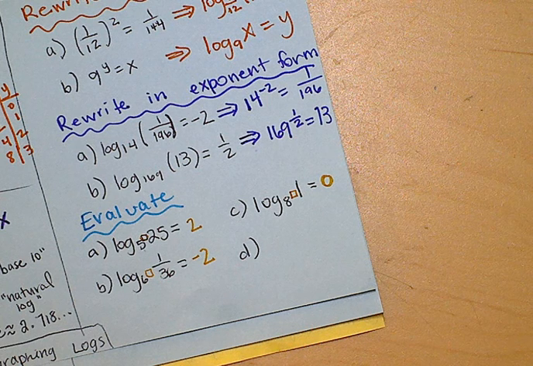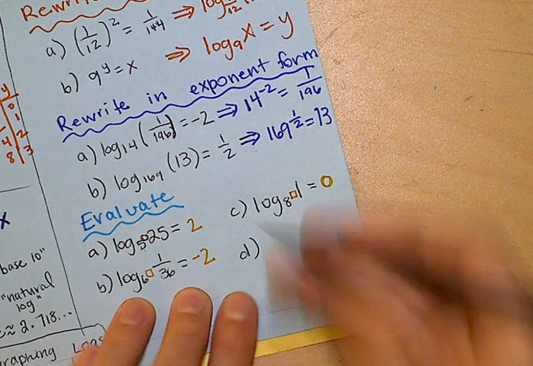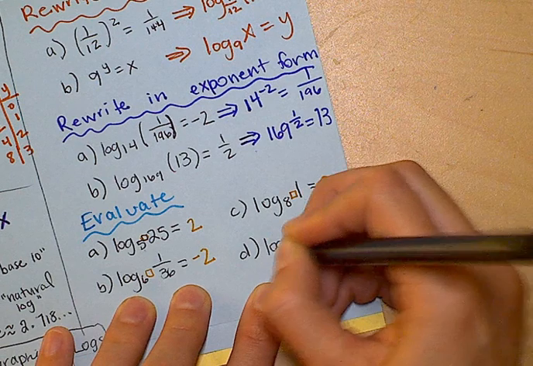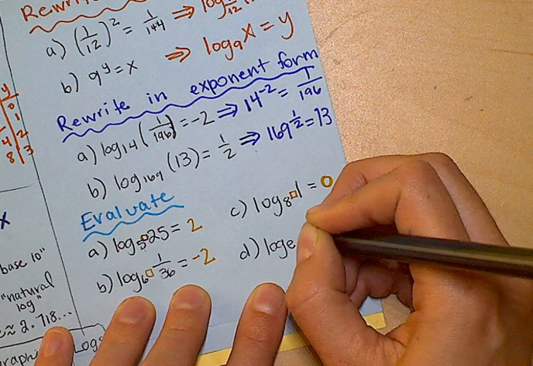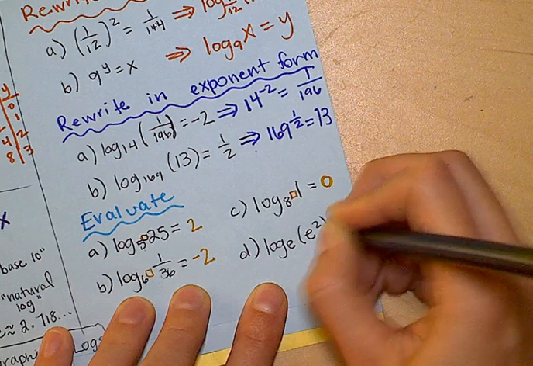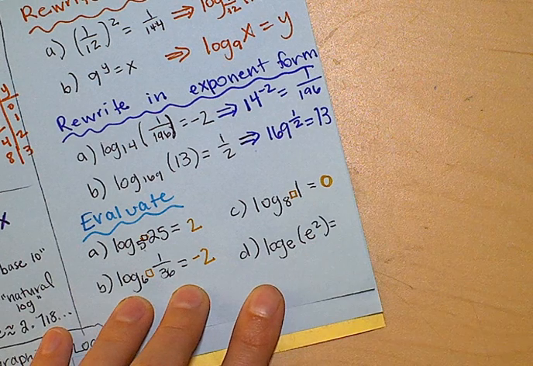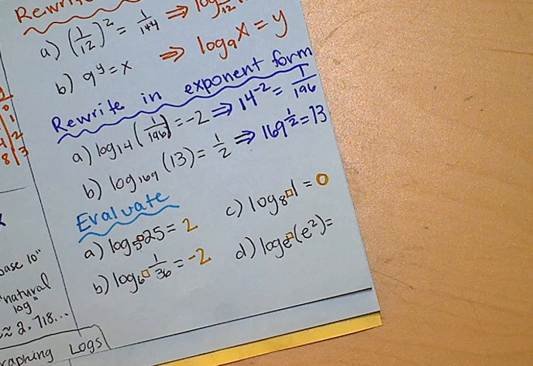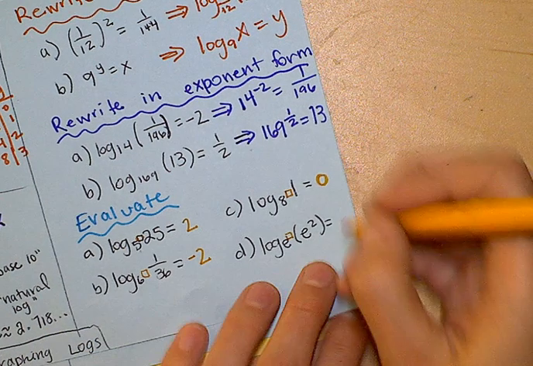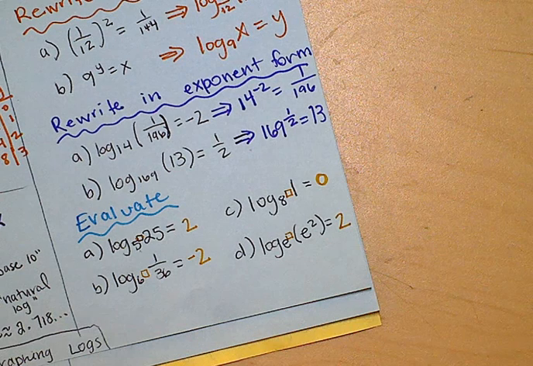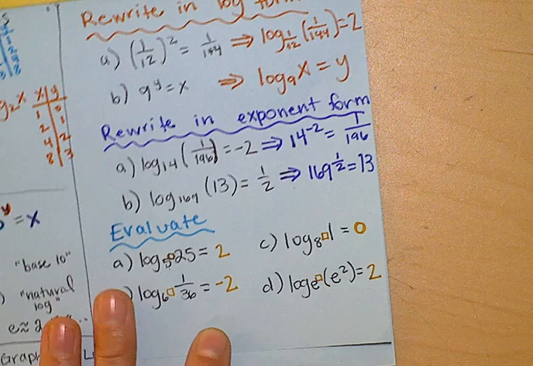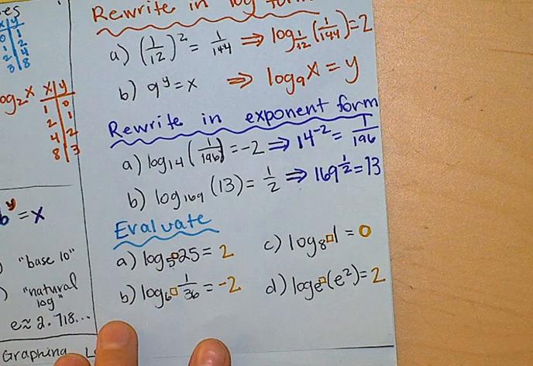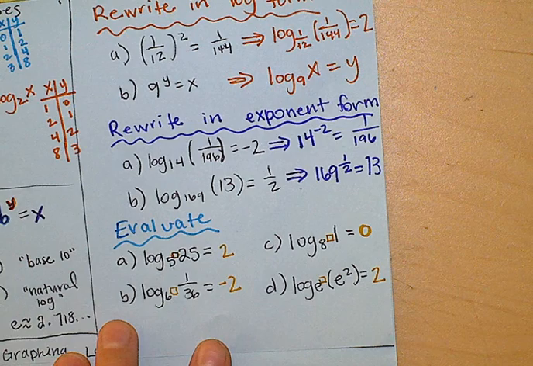And then one with e, if I have log base e, and the argument is e squared, what exponent would I put on the e to equal e squared? You'd put 2. Okay, so evaluating logs, remember to use the definition and relate it back to exponents.